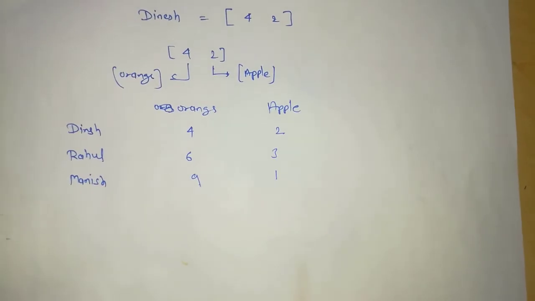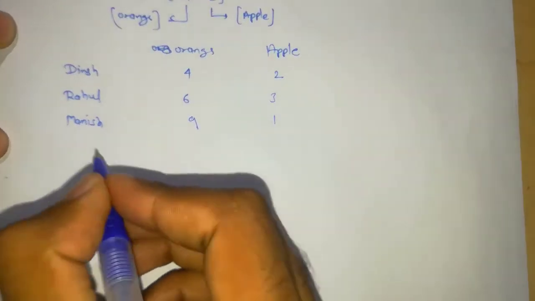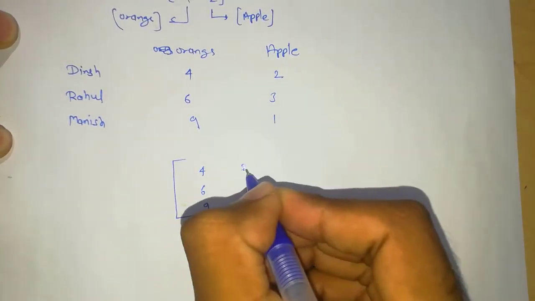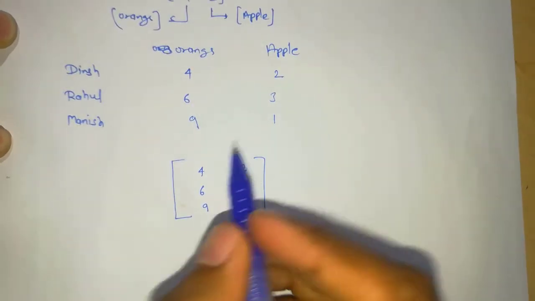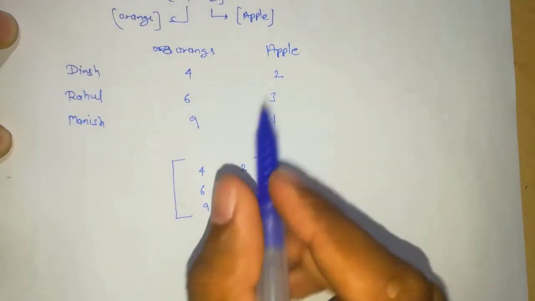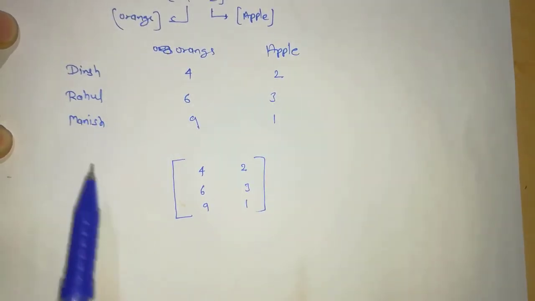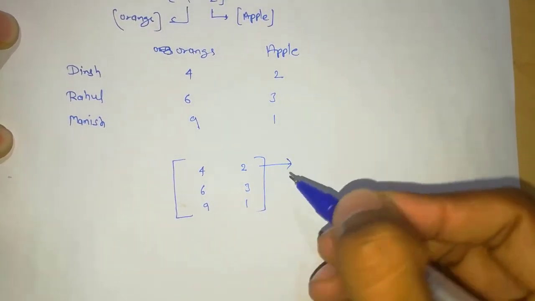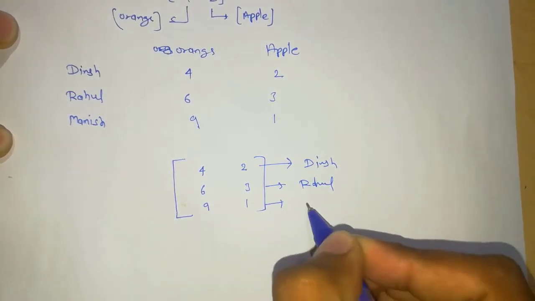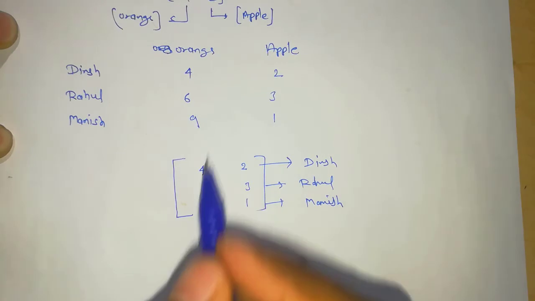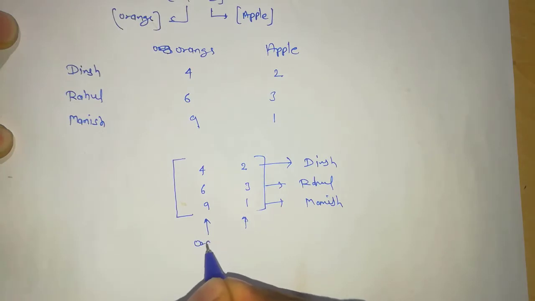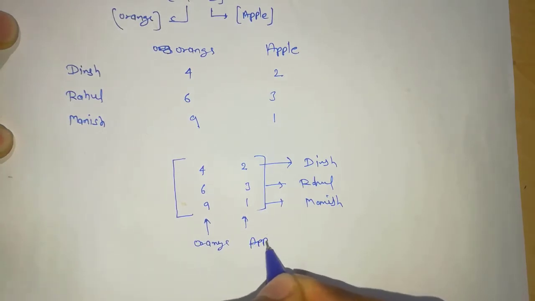Then how do we write this in a matrix? Just simple: 4, 6 and 9, 2, 3 and 1, where the first row shows the quantity of oranges and apples of Dinesh, the second is Rahul, and the third is Manish. The columns show the quantity of oranges and apples.